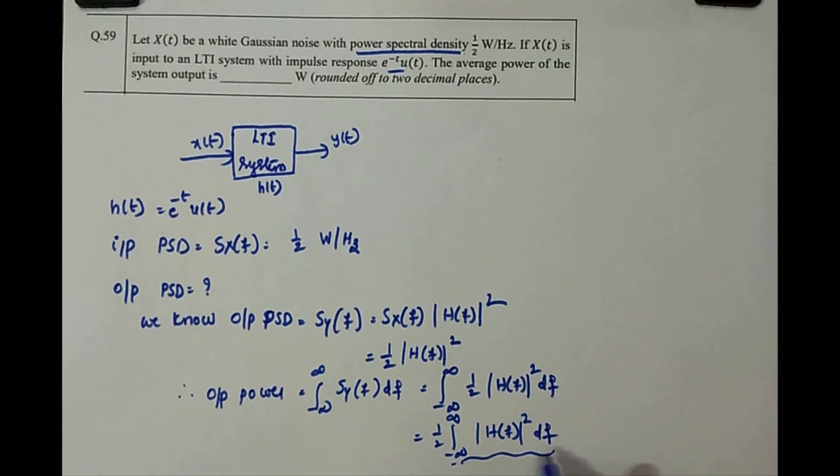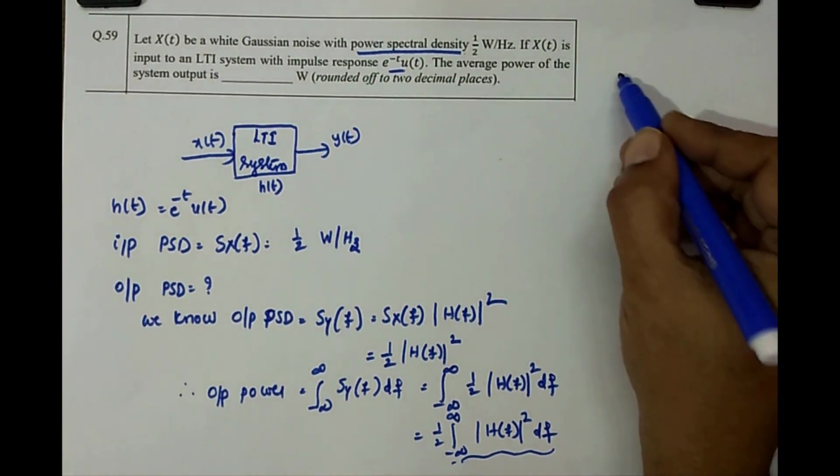This is nothing but the energy of your impulse response. Now according to Rayleigh energy theorem, even if you find the energy in the time domain, the answer is the same as this.